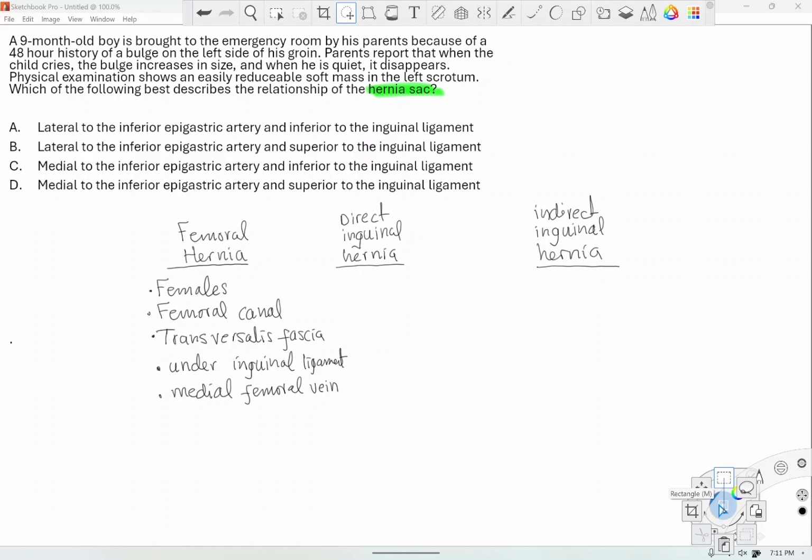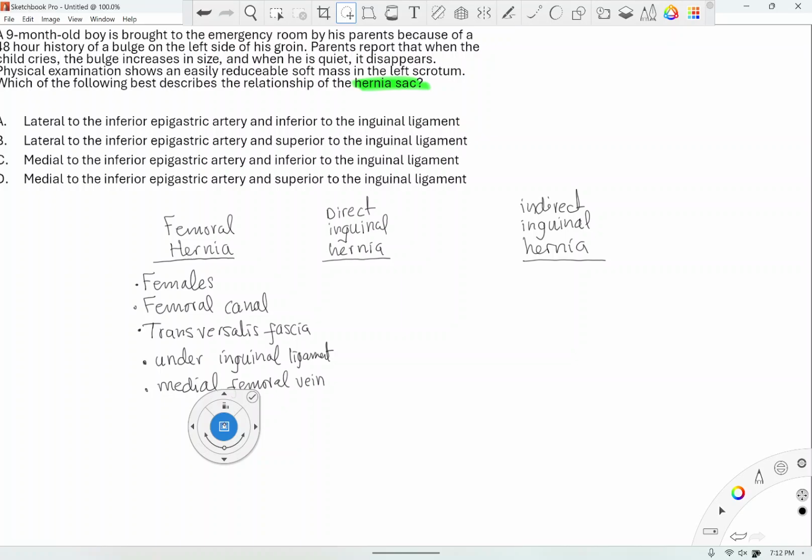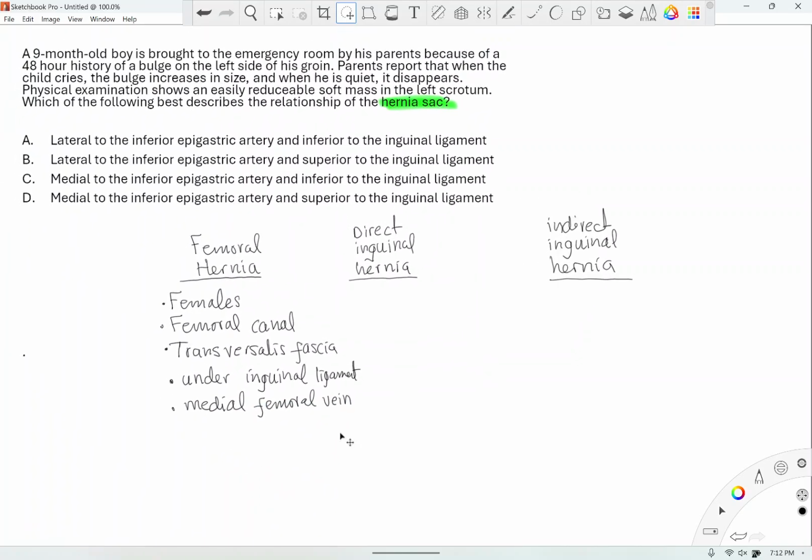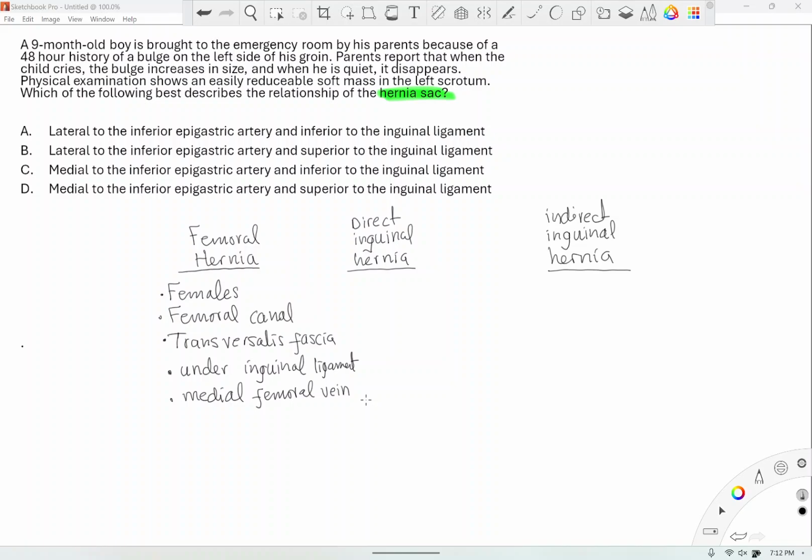Maybe this. Let's see if this will do it. Oh, that's not going to do it. How do I move it to that side? Anyways, I'll use just different colors.